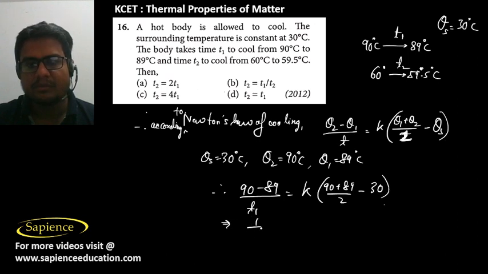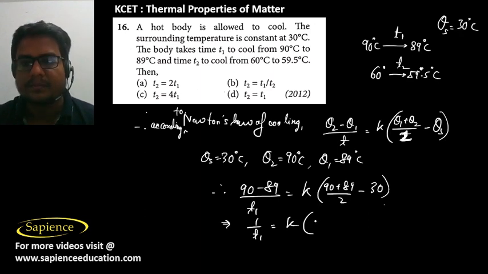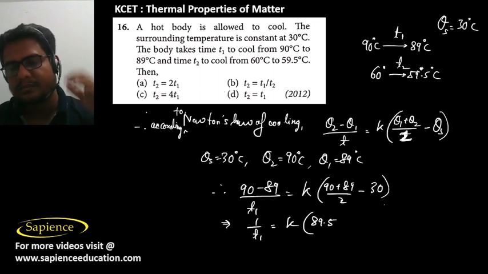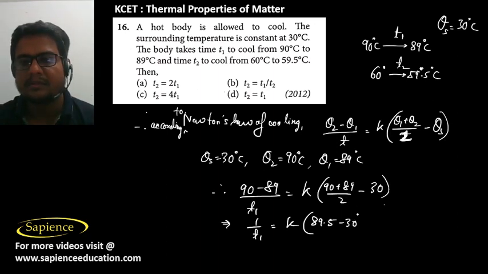So that will be 1 by t1 is equal to k into, this is 89.5 minus 30. So 1 by t1 is equal to k into 59.5.